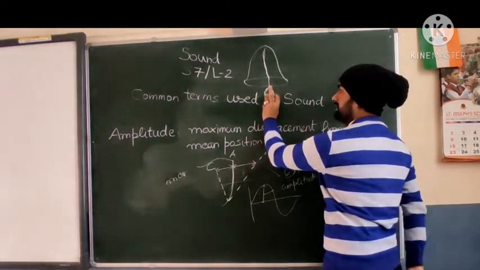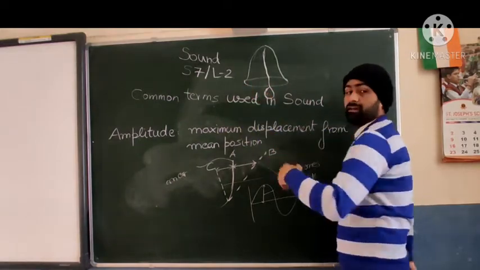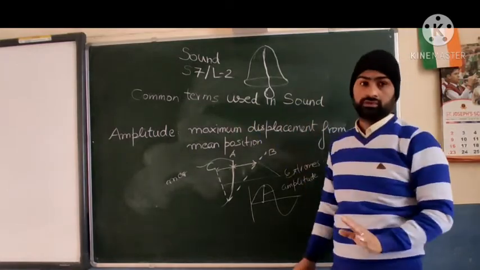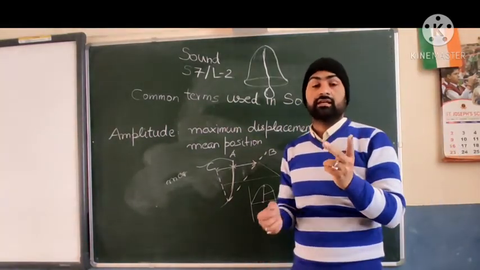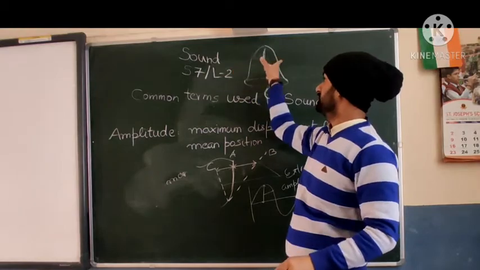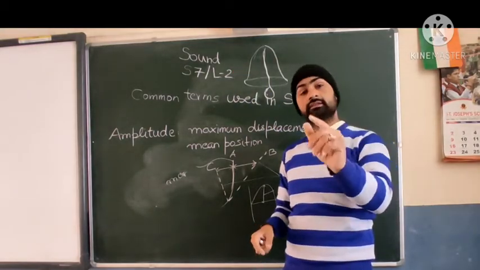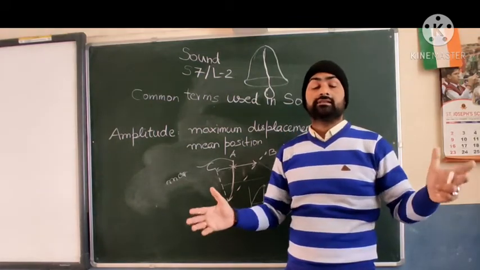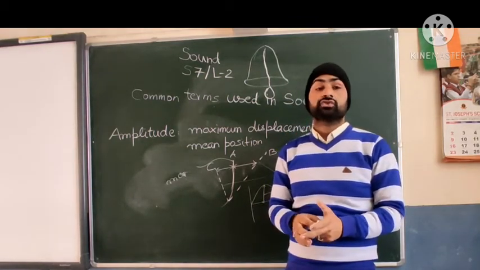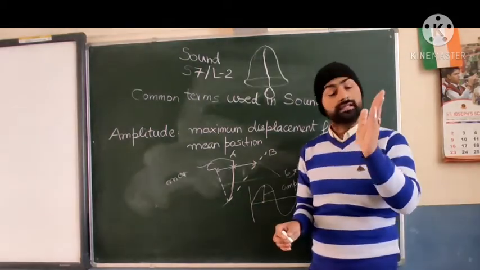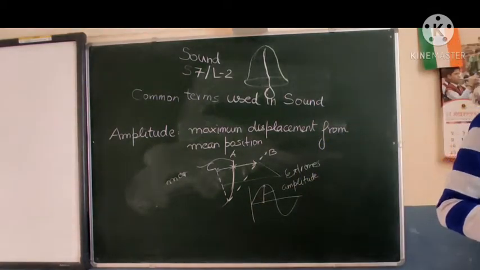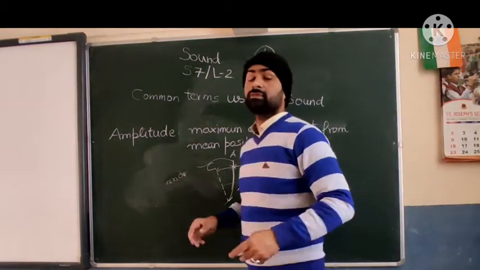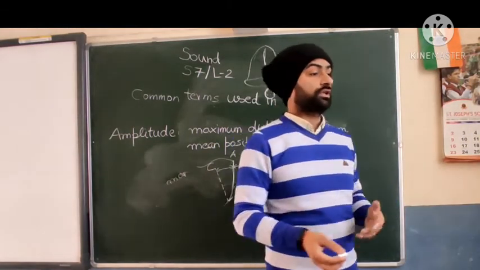You can take this bob in the hand and strike it gently, or strike it with a very large force. In both cases, along the walls of this bell, the amplitude will be different. When you strike it with lesser force, amplitude will be less, and with more force, amplitude will be more. As much force as you apply for production of the sound.